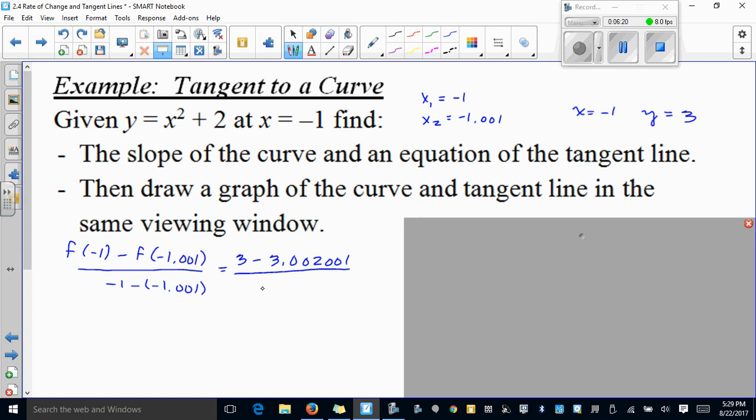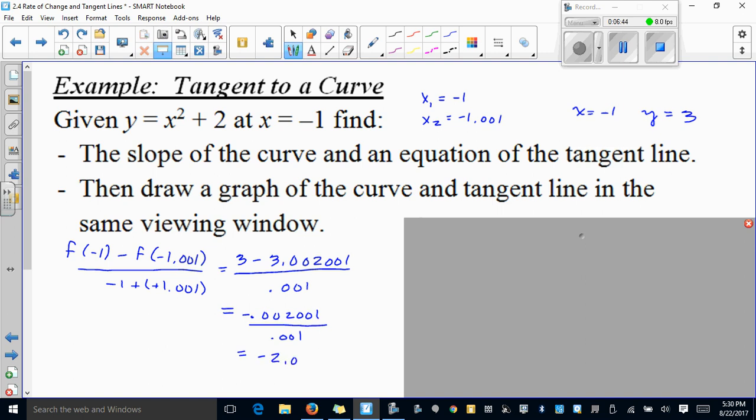So in the end, we get a negative 0.002001 over 0.001. Yes, we're still using a calculator, which is going to give us a negative 2.001 or -2.